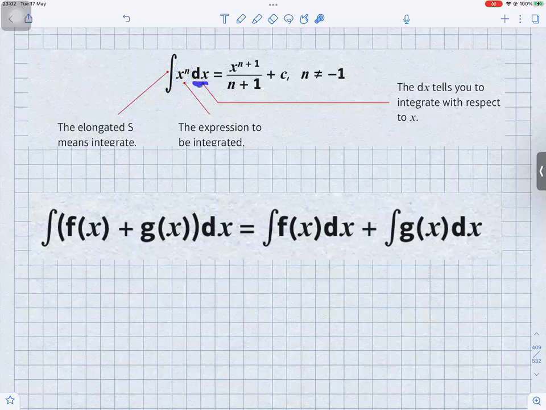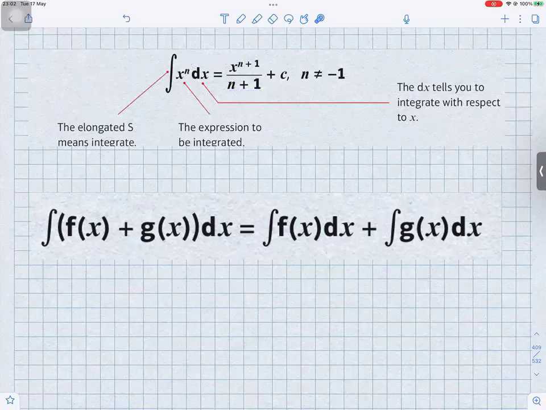And what does that dx mean? The dx tells you to integrate with respect to x. So you could have the integral of r to the n dr. This is with respect to r. So we have with respect to x. And when you integrate, you add 1 to the power, n plus 1, and divide by the new power.